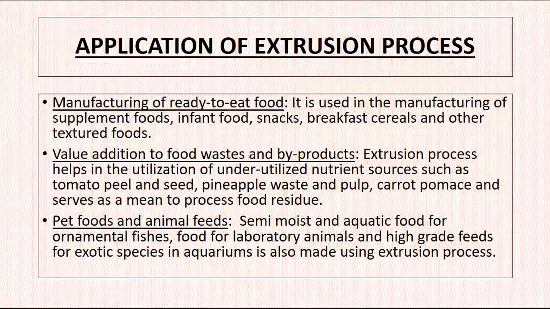Now we'll talk about the application of the extrusion process in our food industry. First of all, it is used for the manufacturing of ready to eat food. Various types of foods, for example, confectionery products such as candies, breakfast cereals, and the snacks we eat, are all manufactured using the extrusion process. Then the second point is value addition to food wastes and byproducts.